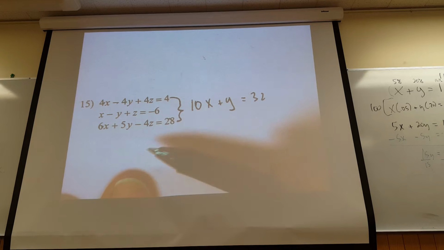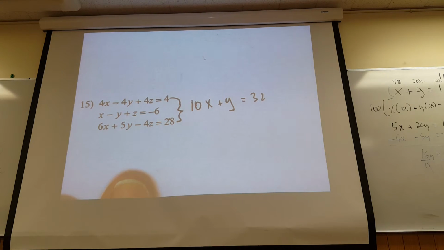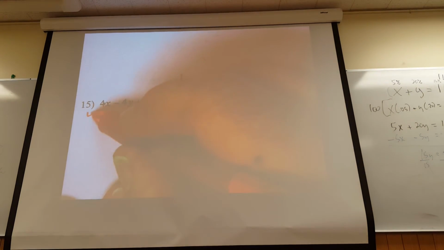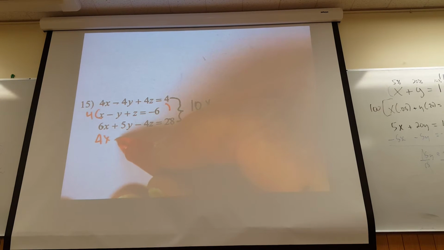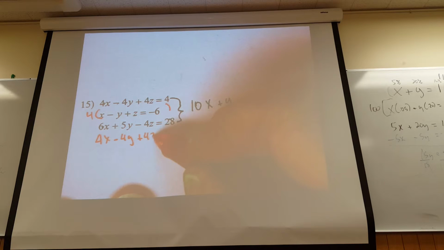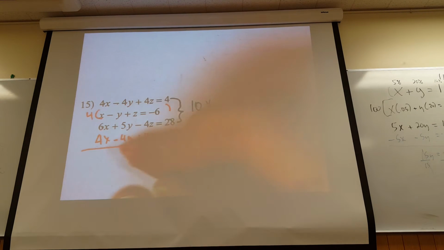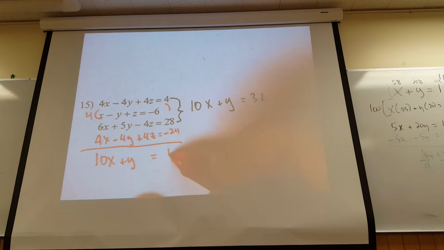Now, since that's a negative 4z, let's take this equation and times it by 4. So that's 4x minus 4y plus 4z equals negative 24. So that's 10x plus y equals 4.